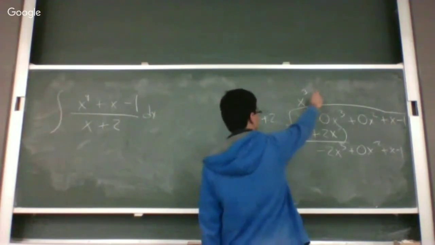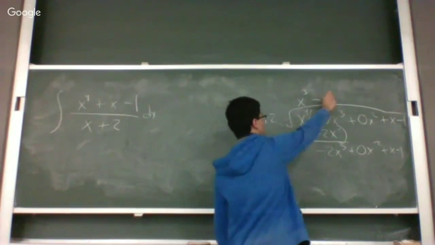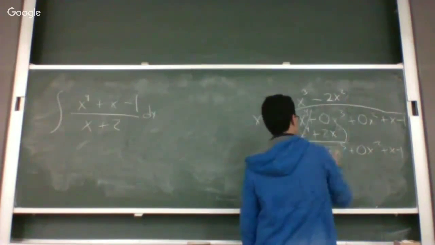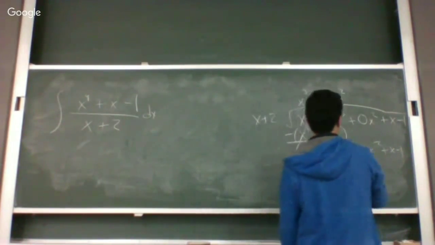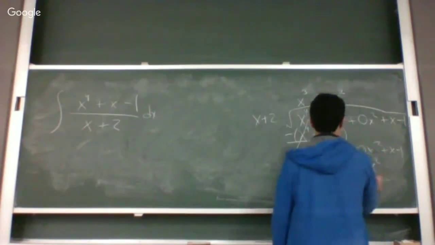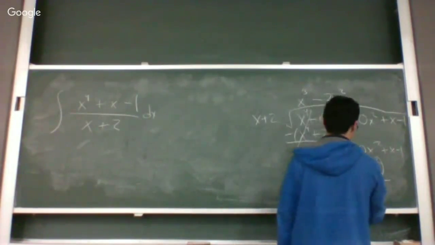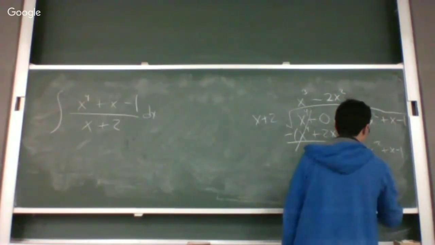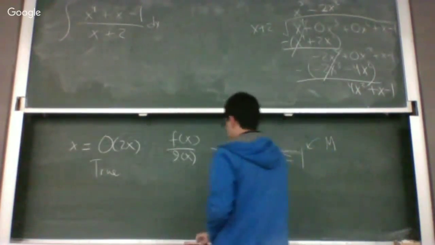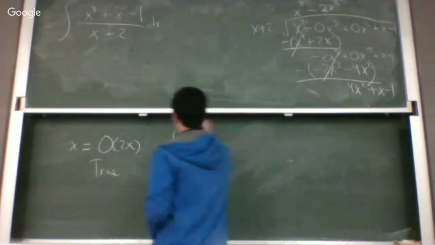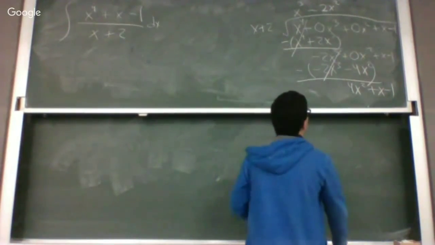What do I multiply here? Yep, so we have a minus 2x cubed here. Negative 2x squared times a positive 2 is a minus 4x squared. We subtract that entire quantity. We are left with a positive 4x squared plus x minus 1. And so, okay.